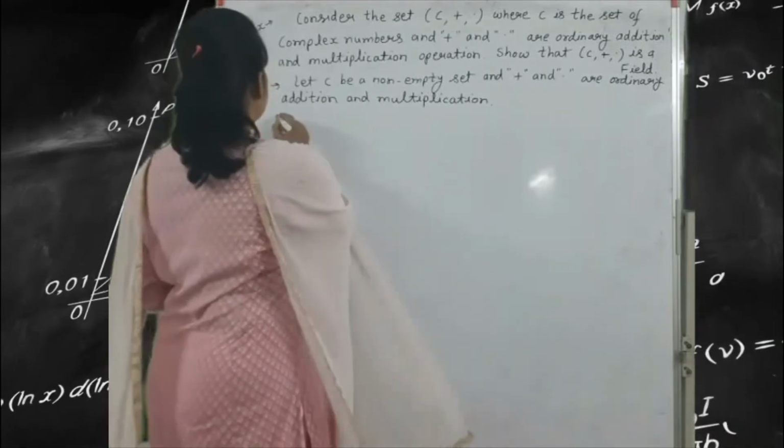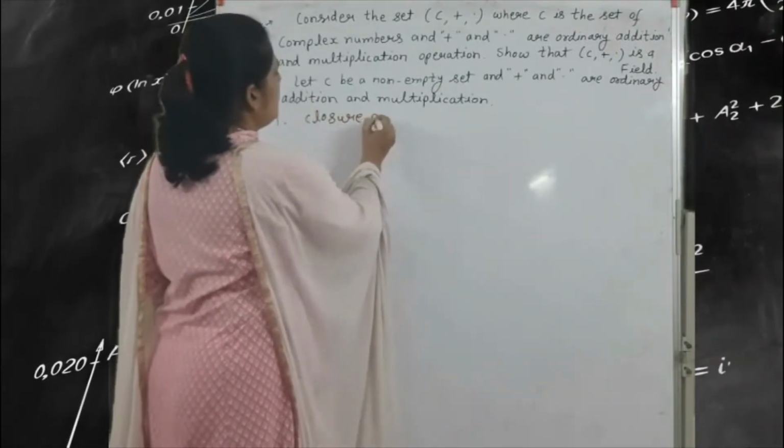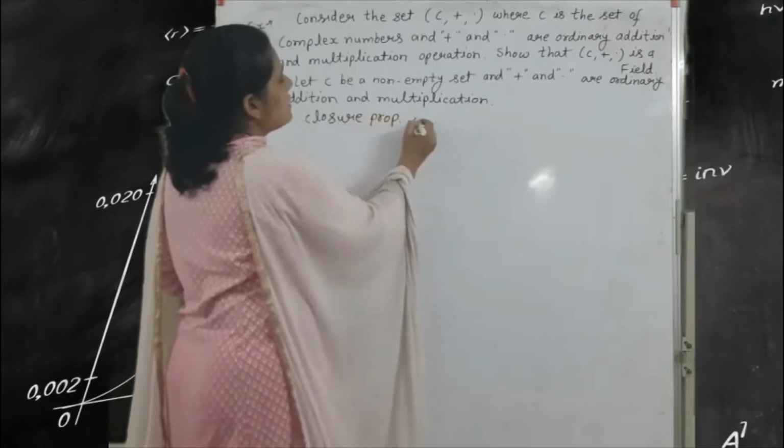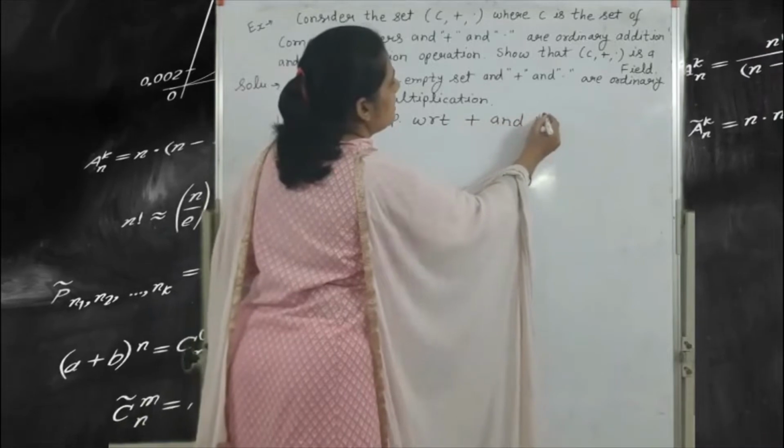Our first property, number 1, is the closure property, with respect to addition and multiplication.